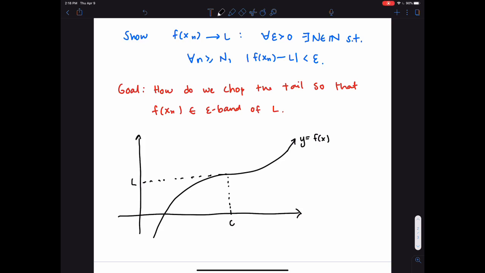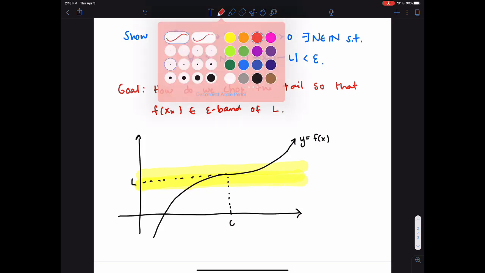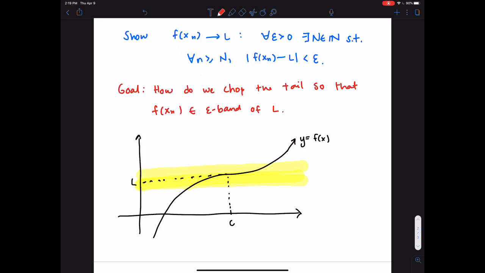And I want to try to figure out how, given any arbitrary input sequence, I guarantee that its outputs are in my epsilon neighborhood? So I'm going to draw the epsilon neighborhood that I have. And right now we know that there's a way to choose a delta to guarantee that we're in that range.